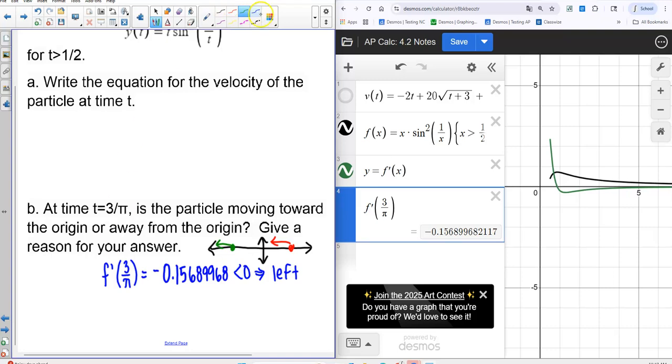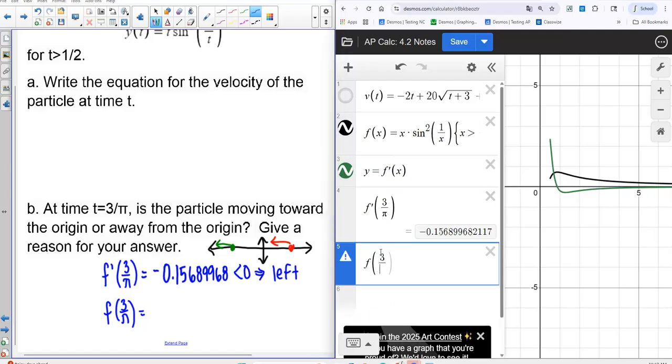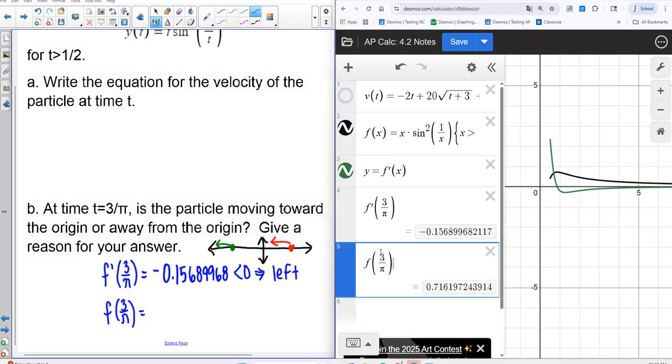So the position of the particle just means that we need to plug in 3 over pi into the original function. And so f of 3 over pi, which again can be done without the calculator, but we just don't have time, is going to be 0.716 right there, which is greater than 0.